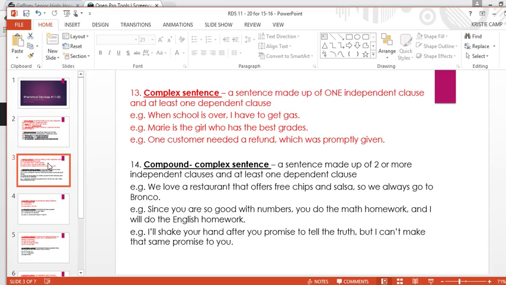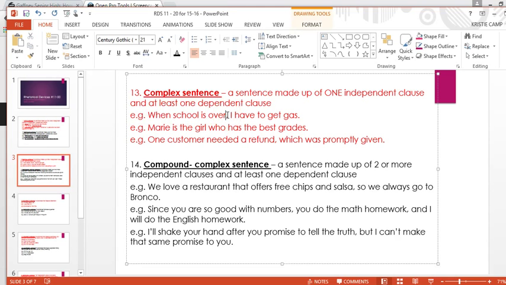Next one, complex sentence. A complex sentence is a sentence made up of one independent clause and at least one dependent clause. It can have more than one dependent clause, but at least one. Okay, let's look at these examples. When school is over, that has a subject and a verb, but it can't stand alone. So it's a dependent clause. I have to get gas is an independent clause.